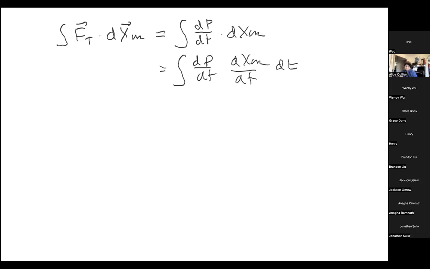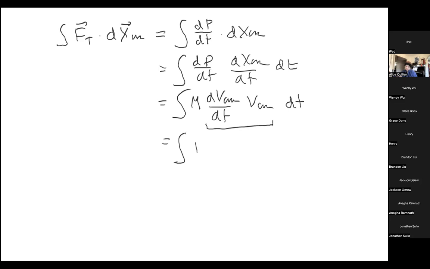And dp/dt I can write as m dv center of mass/dt, and dx center of mass/dt is equal to the center of mass velocity.